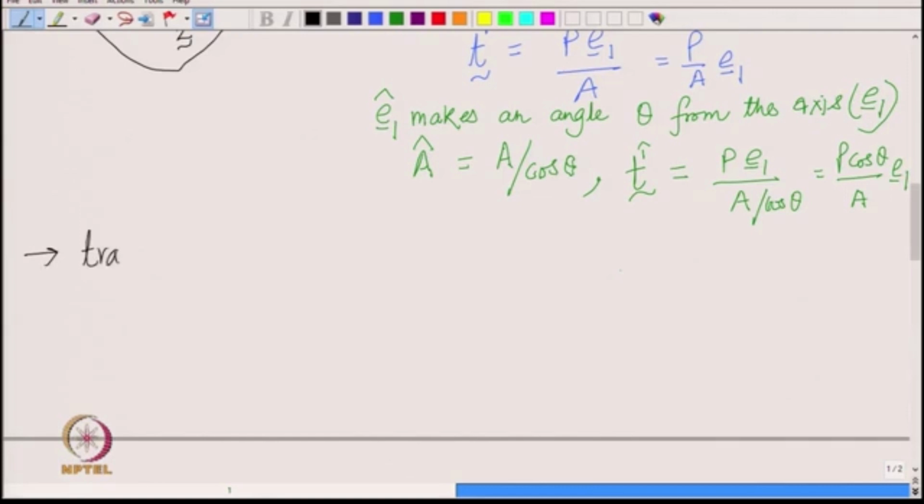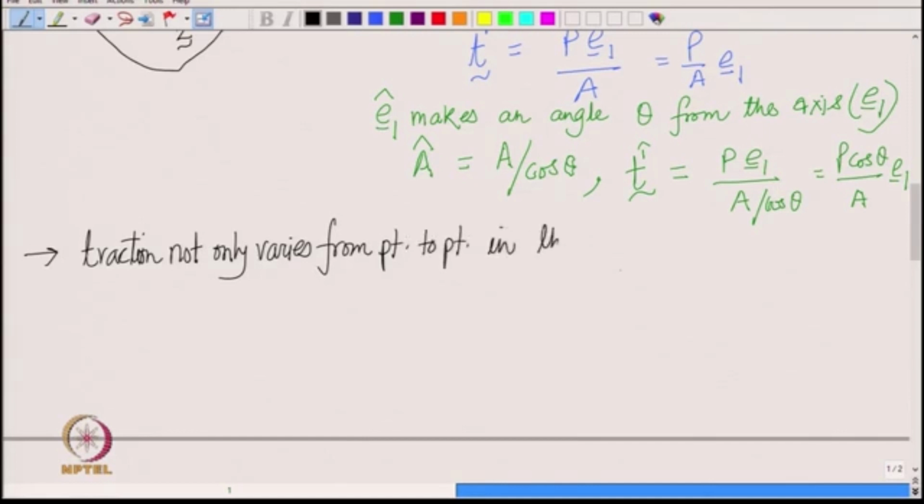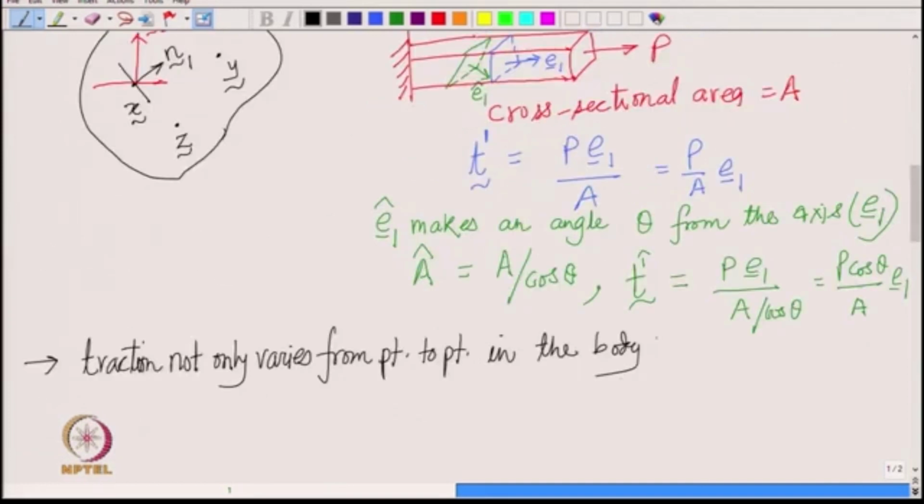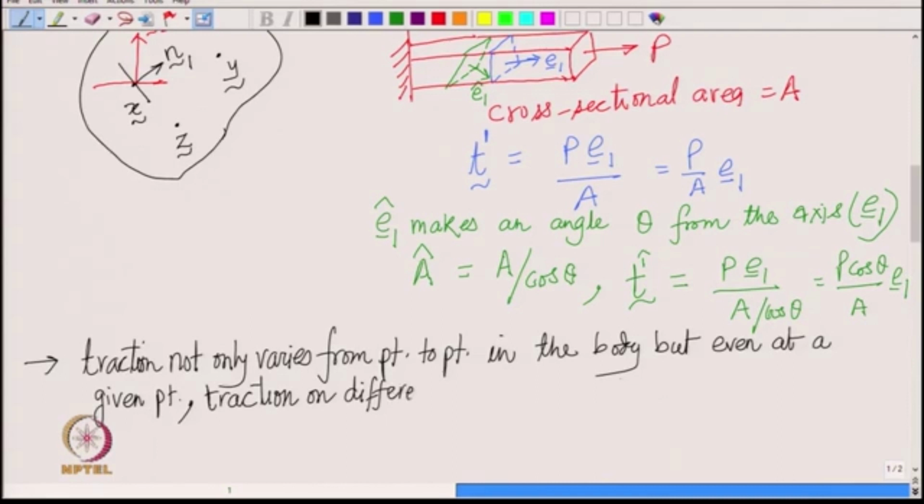Traction not only varies from point to point in the body, but even at a given point, traction on different planes are different.